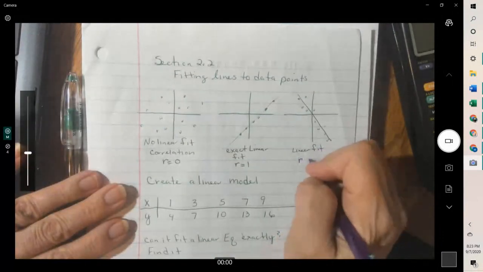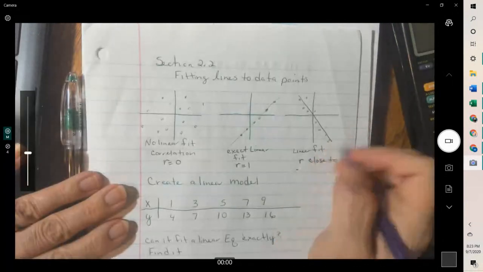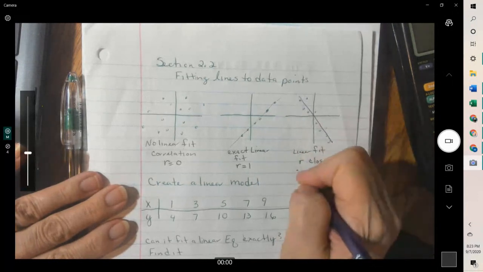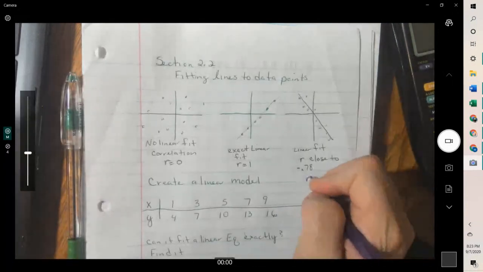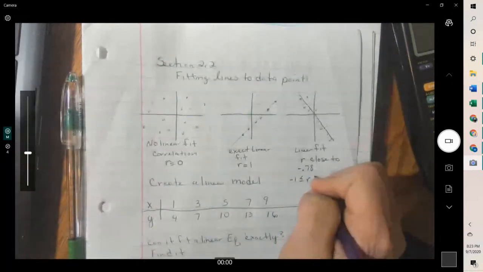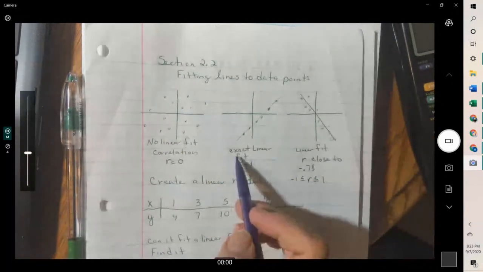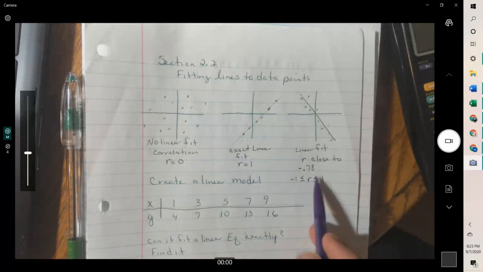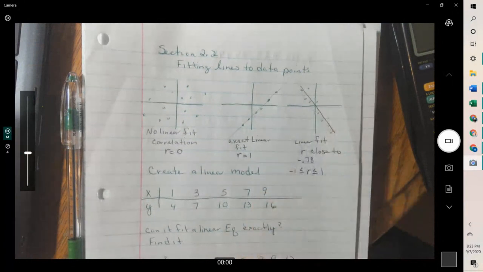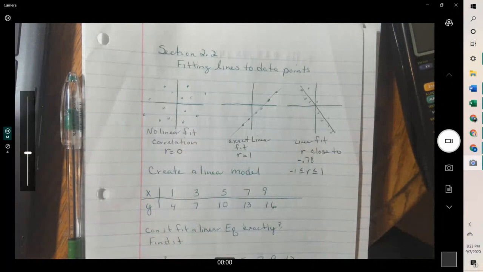This R would be close to -0.78, but your R values are all between -1 and 1, inclusive. If it's 1 or -1, it's an exact linear fit. But if it's close to 1 and -1, then it'll fit a linear line, but not exact. And then if it's all over the place, it's close to 0.